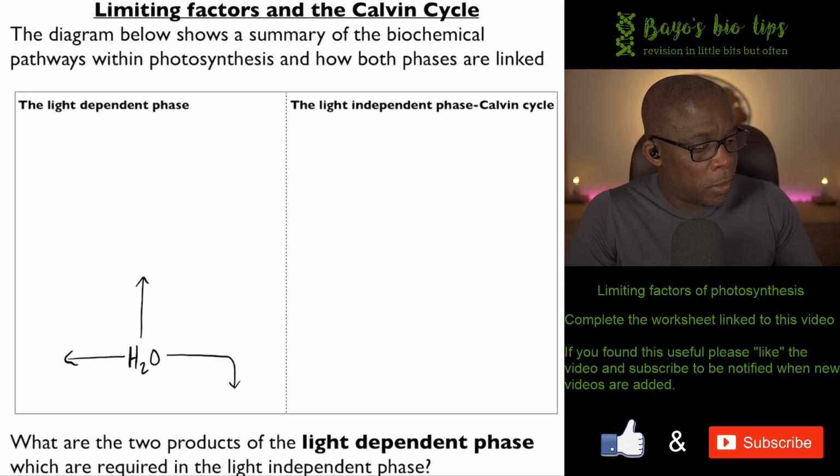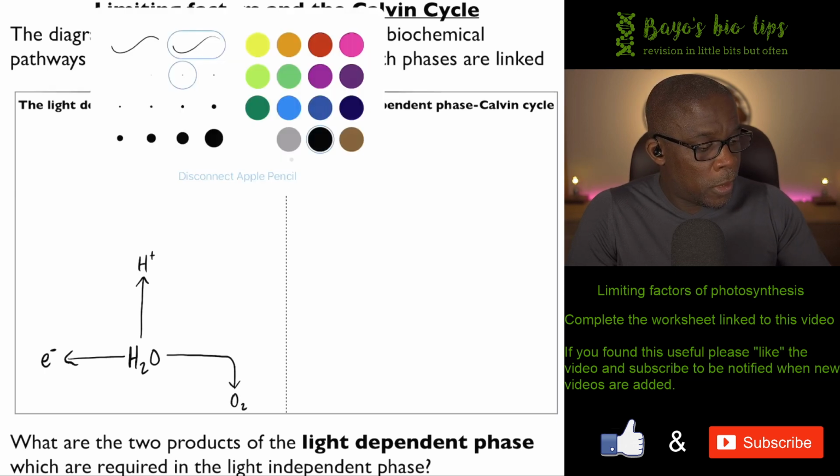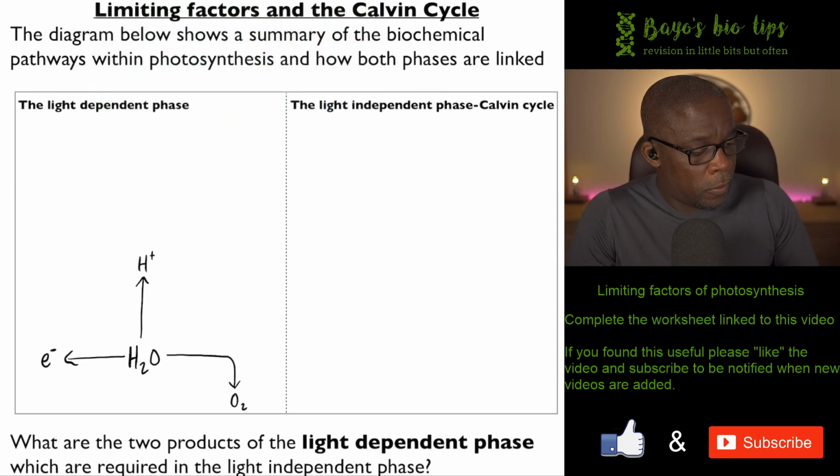This process is called the photolysis of water and results in the release of electrons, hydrogen ions, and oxygen. So this process is known as the photolysis of water.